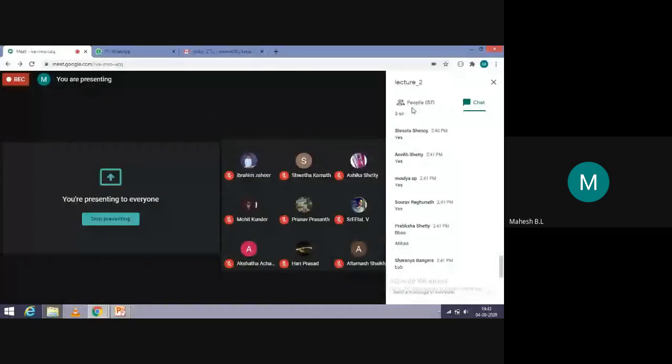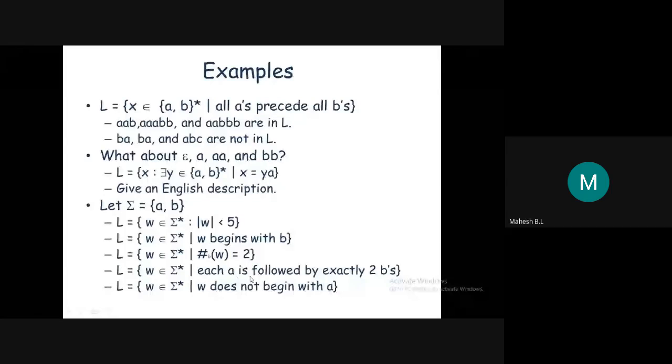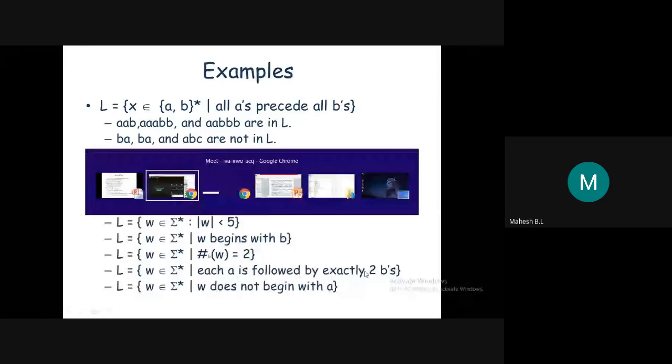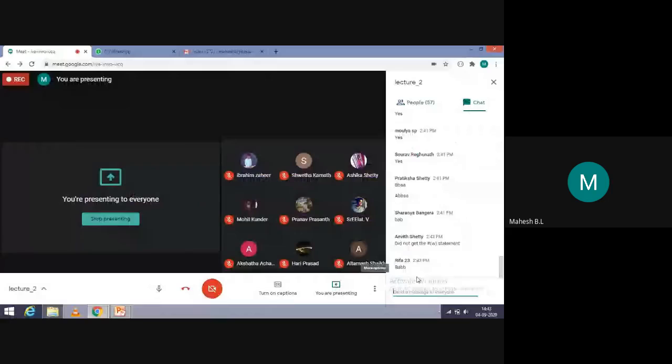Yes, Ibrahim, give an example for this. Okay, read the question. Each A is followed by exactly two B's. Here Anvit is having some difficulty in understanding this hash. I'll get back to it later.